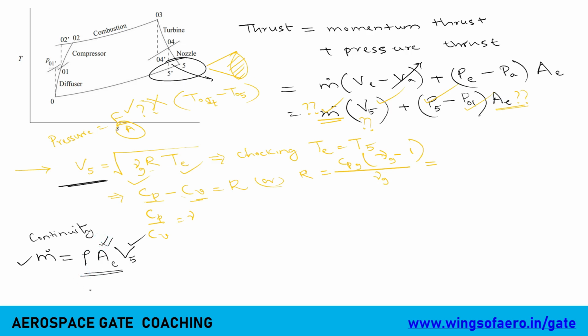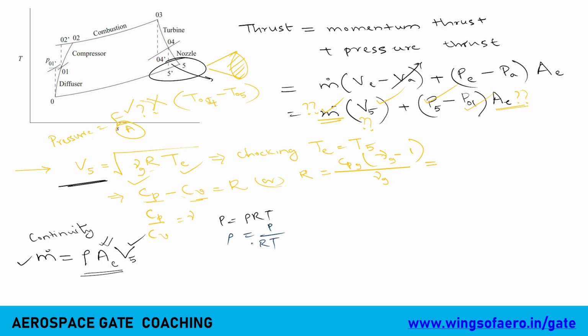Now how to find rho? From temperature, P is equal to rho R T. Very good. So you have done this kind of problem, and in your competitive exam you have to remember these things.